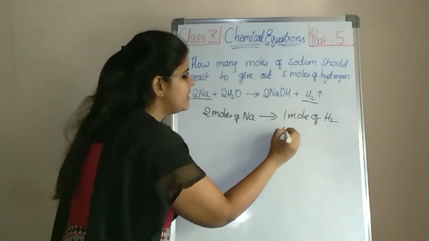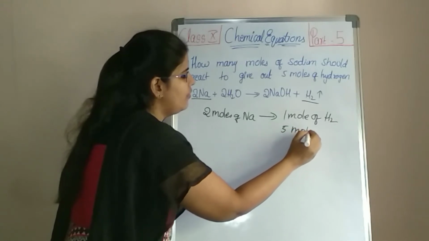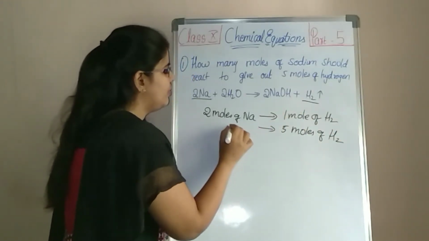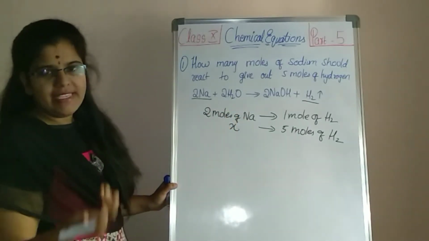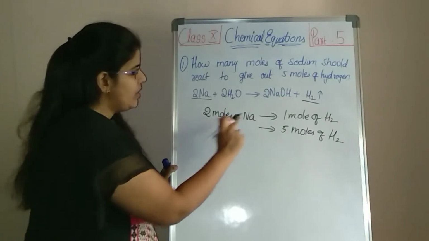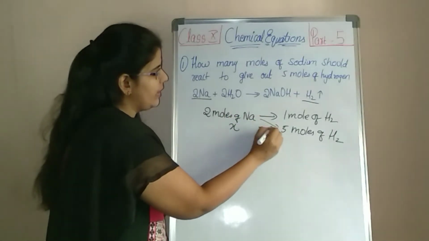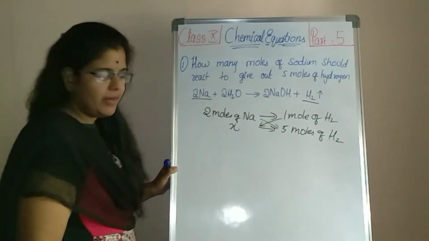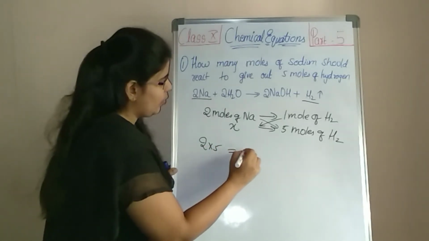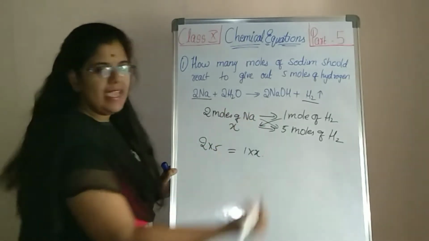So here let us see, 5 moles of hydrogen. Here x, because we don't know the number of moles. Let us cross multiply them. So 2 into 5 is equal to 1 into x.